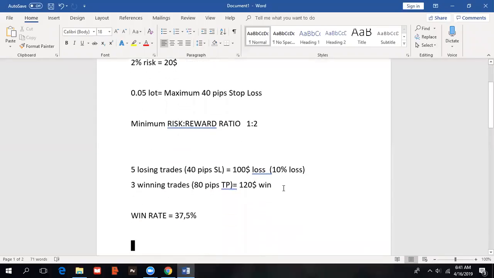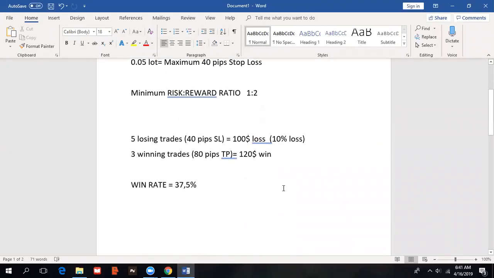So for example, if our stop loss is always 40 pips and therefore our take profit is 80 pips if we are using a 1 to 2 risk reward ratio, we can lose 5 trades and we can win 3 trades, and we will be still in profit for the week.